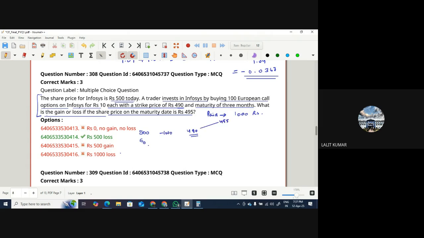So how much profit will he get for each share? He has 100, so the profit will become 100 into 5 rupees. 495 minus 490 is 500. So what is your net? Net will be 500 minus 1,000, which is minus 500, a 500 loss. Is this okay?